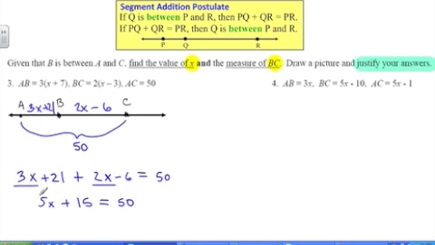Now we have x's on the left. We also have a number on the left. Let's get rid of the number. How do you undo adding 15? Well, subtract it. That leaves us with 5x equals 35.